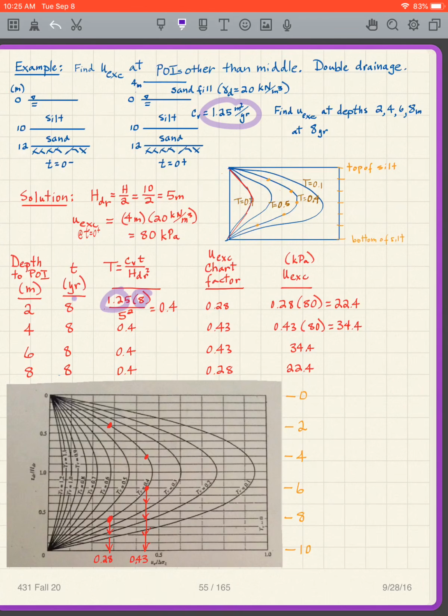The t is 8 years, and HDR is 5, so we square that. And we get that what we're interested in is a dimensionless time factor of 0.4. That means we're going to use the curve at 0.4.